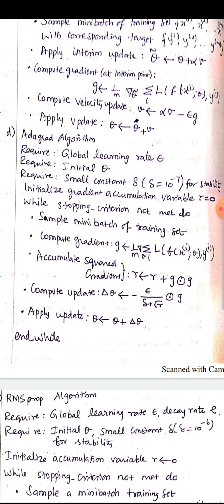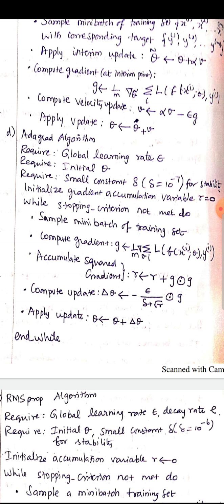What is required for your AdaGrad algorithm is you are going to assume the learning rate is a global one. It's not going to change from mini batch to mini batch. So for every mini batch, this global learning rate eta is going to be the same. Whatever eta value we used in the SGD, here it is going to be assumed to be a constant value.